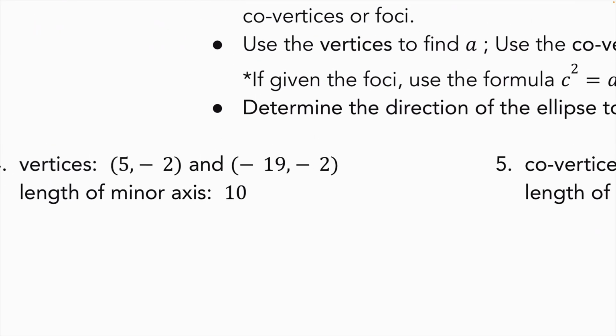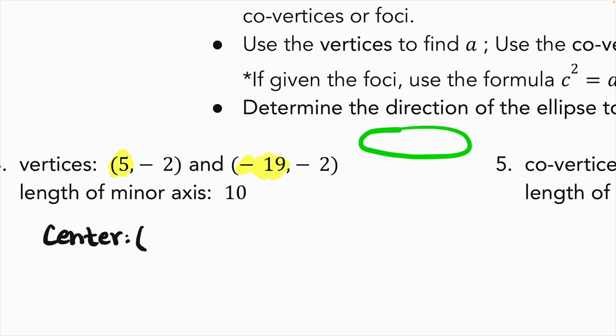So for instance, I'm looking at this and I see that these are the 2 numbers that are changing in the vertices, which means that my ellipse is going like this, which means that the A squared value will be under X. Okay, so I'm going to find the middle.